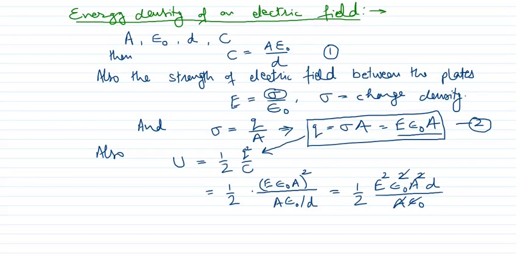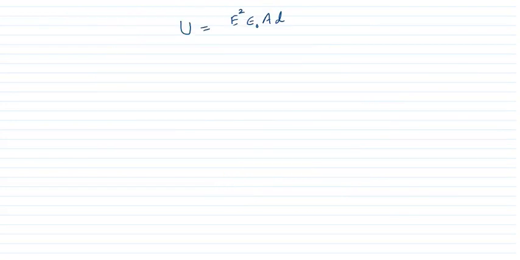Therefore, what we get? We get U is equal to 1 by 2 E square epsilon naught A D, that is, E square epsilon naught A D divided by 2.